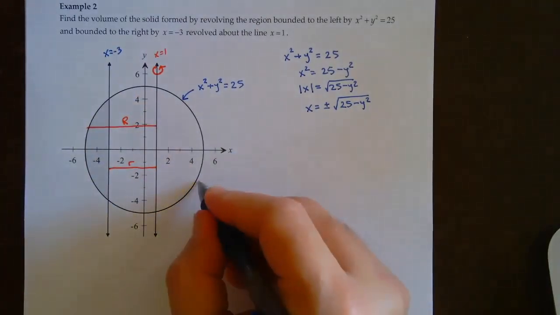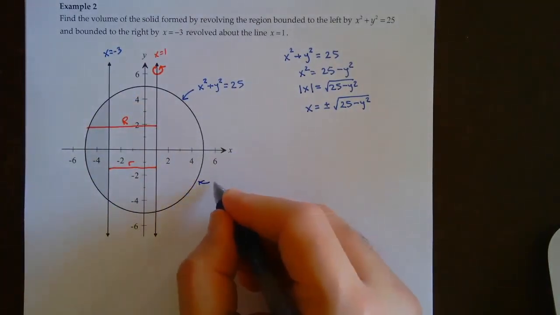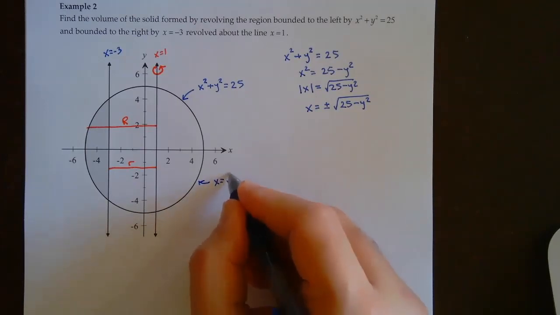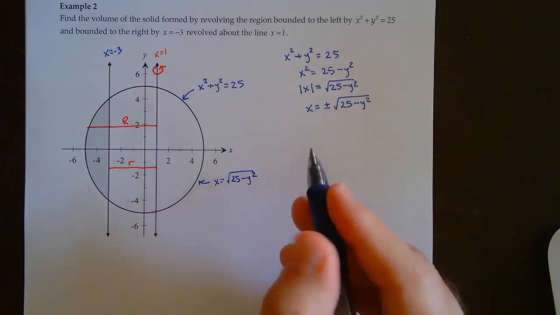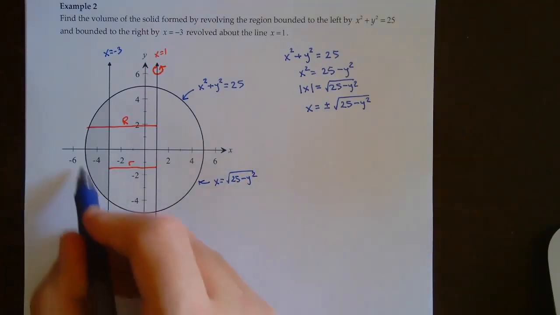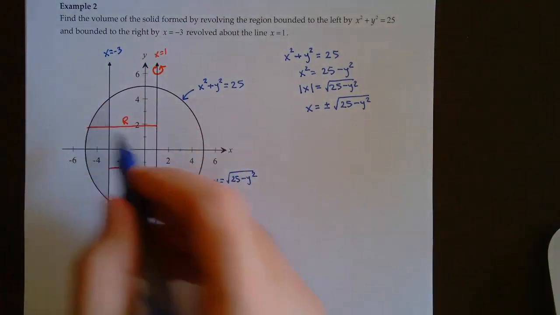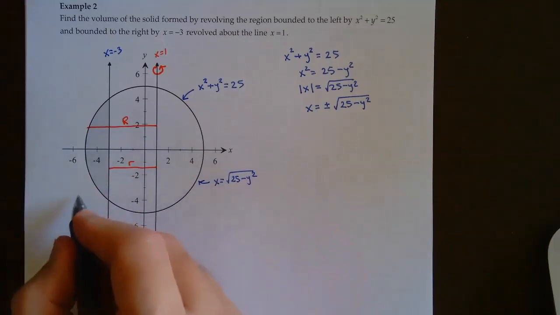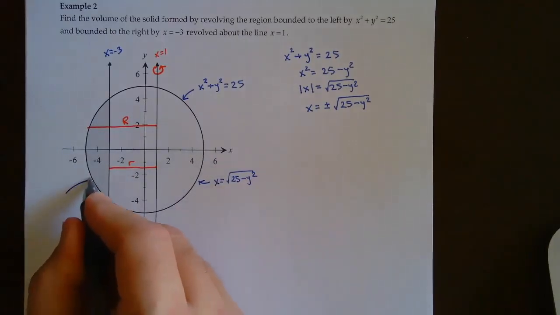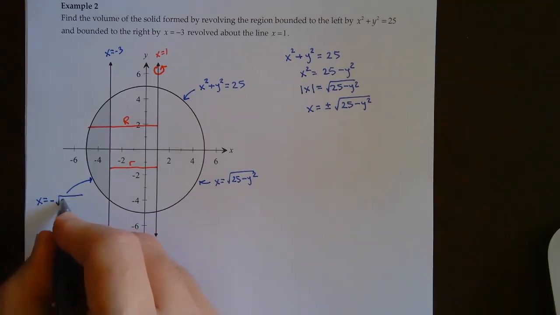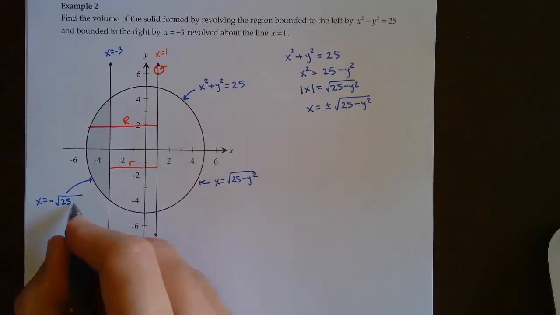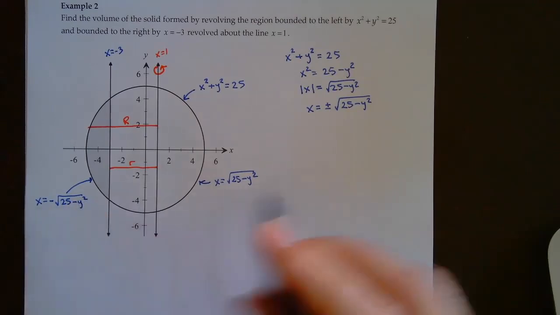So this side right here is x is equal to the square root of 25 minus y squared, which means from here to here, this is the part where x is equal to negative, right? So this part right here is x is equal to negative square root of 25 minus y squared.